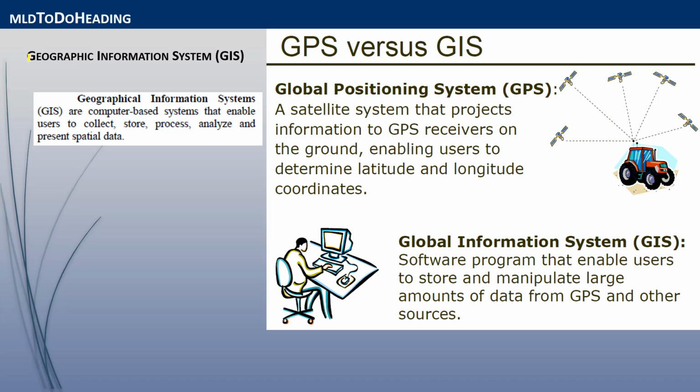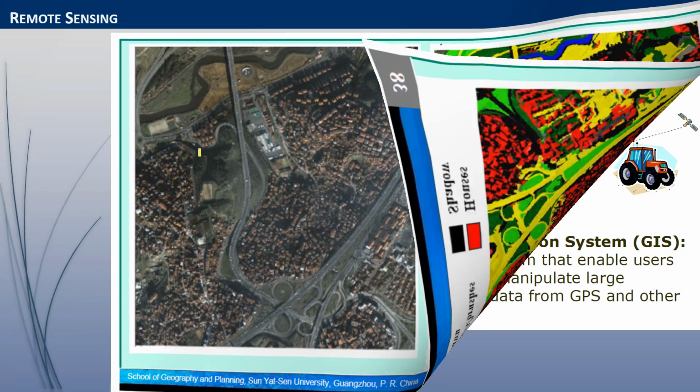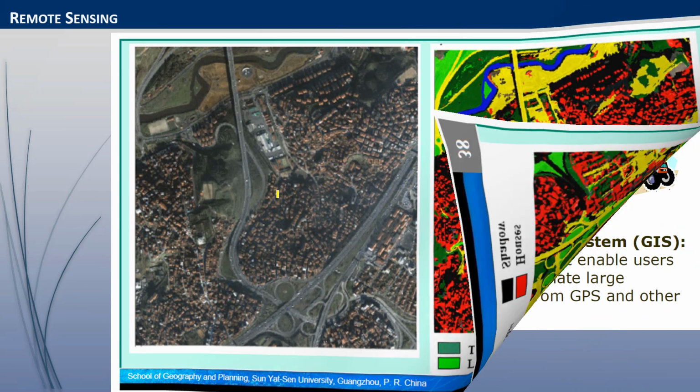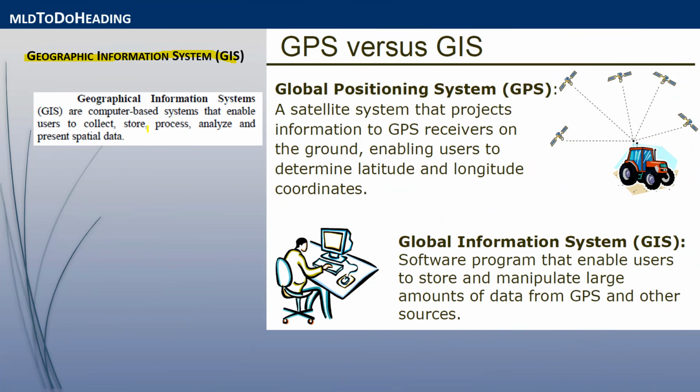The next thing is geographical information system. As we said, this kind of heat map is generated using GIS software from these aerial images. It analyzes, processes, stores, and collects any kind of spatial data, whereas GPS tracks the location of an object over the Earth's surface, and for this it uses latitude and longitude coordinates.